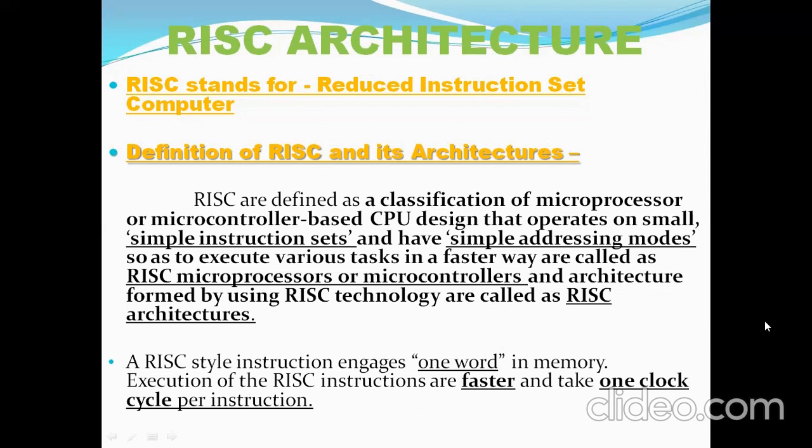Architectures formed by using RISC technology are called RISC architectures. In a RISC cycle, the RISC style instruction engages one word in memory. The execution of the RISC instructions is faster and takes one clock cycle per instruction.